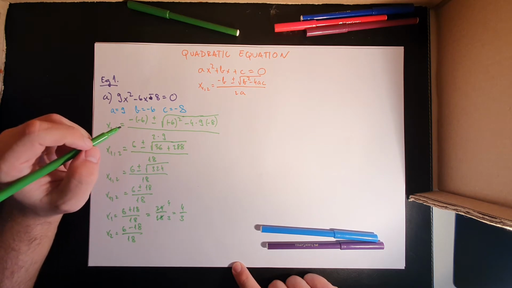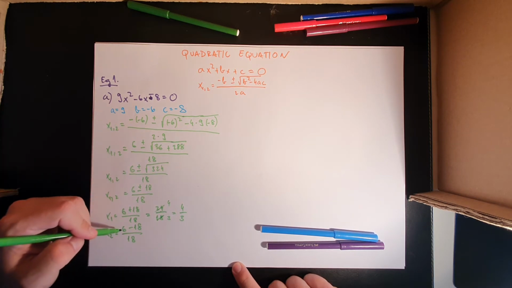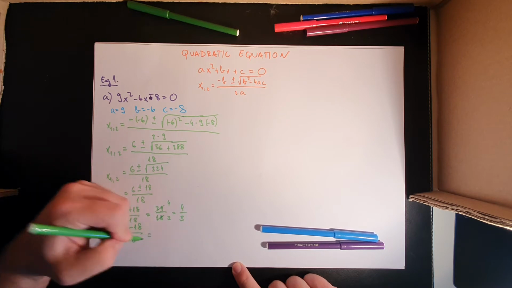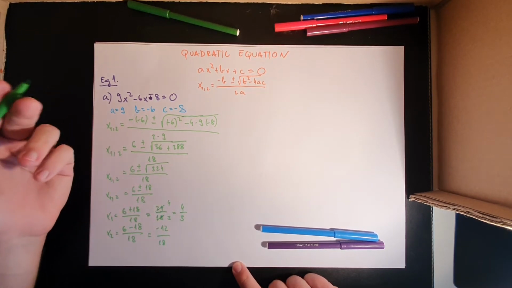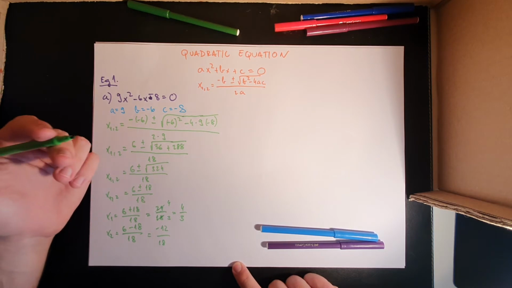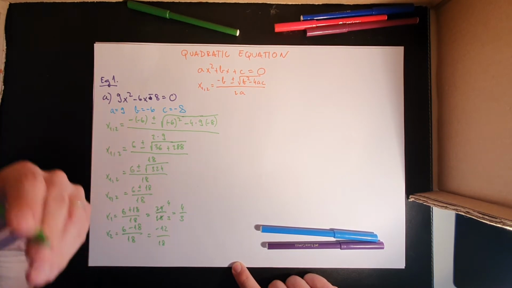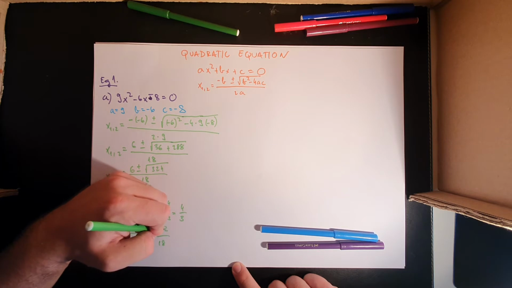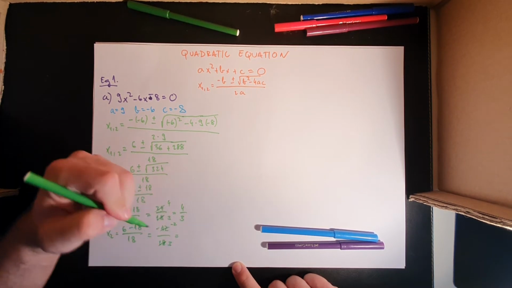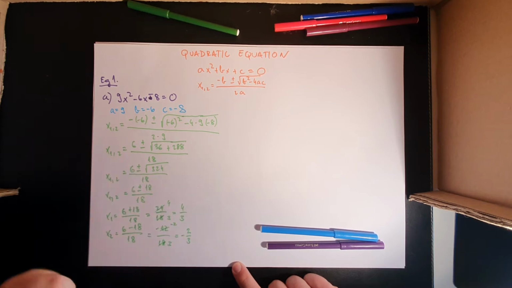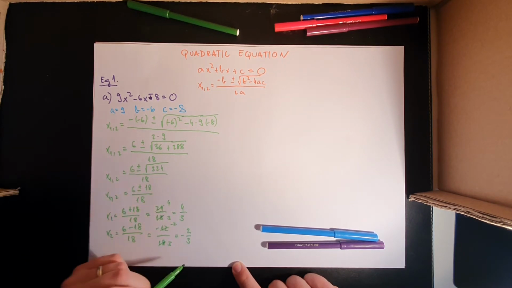So this is one of the solutions. Let's go with the next one. 6 minus 18 is going to be minus 12 over 18. Again, both minus 12 and 18 are divisible by 6. If we divide them by 6, we get minus 2 and 3, so it's going to be minus 2 over 3. And we got two solutions, 4 over 3 and minus 2 over 3.